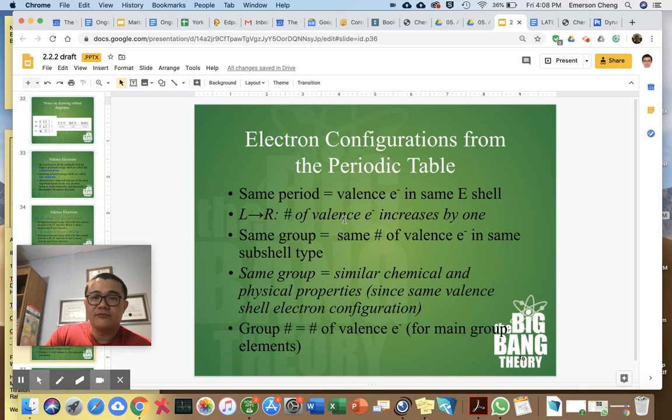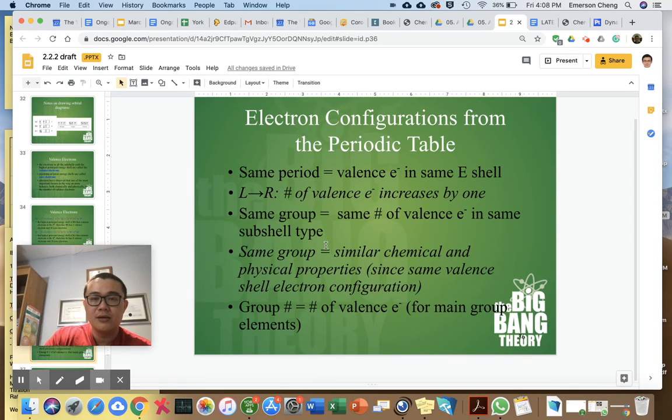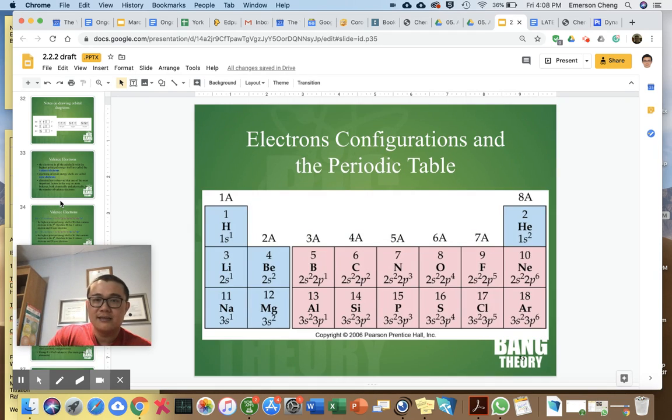When you go from left to right, valence electrons increase by 1. If you're talking about the same group, keep in mind group is the one that goes up and down. That has the same number of valence electrons. We talked about that just now. Group number equals the number of valence electrons. So if you look at the slide just now, this 6A will have 6 valence electrons. Okay.